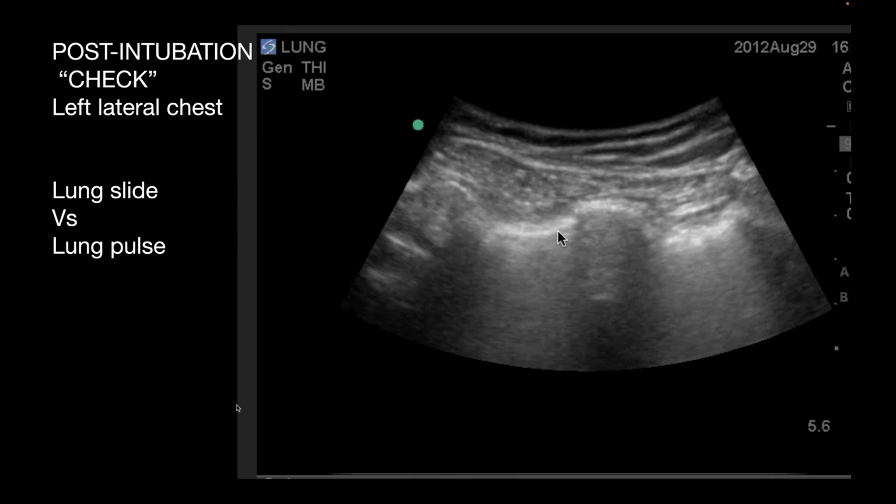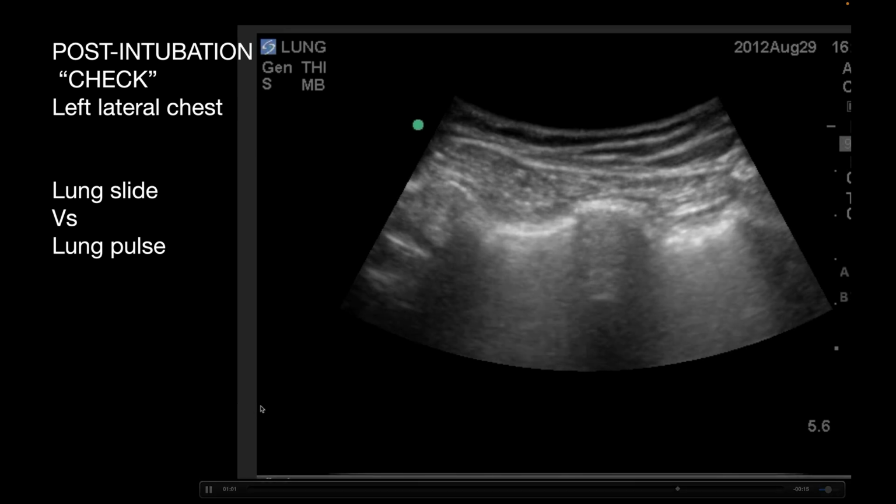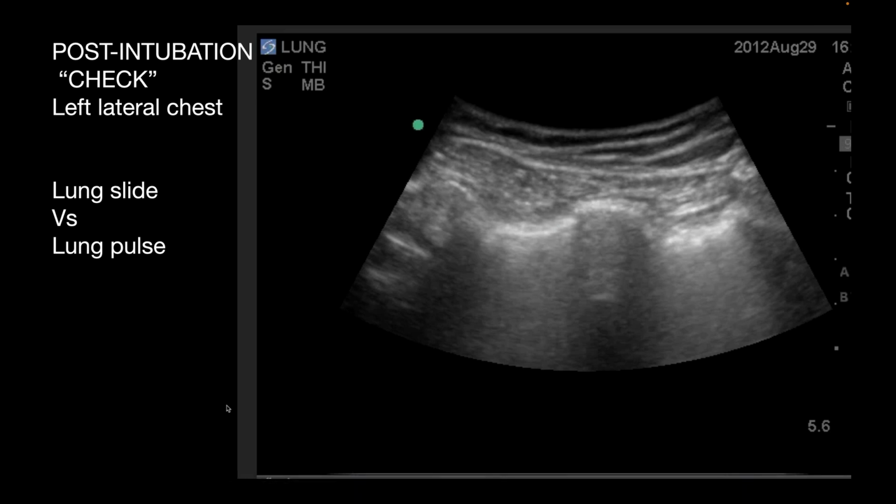So this is the lung pulse sign of a normally expanded but non-ventilated lung. So that tube's gone down, most likely the right main bronchus, and you need to pull that tube back so that you can once again ventilate that lung. At this point you should leave the probe on the chest wall as you withdraw the tube, and you can confirm sliding once you've actually pulled the tube back past the carina and you're ventilating the lung.